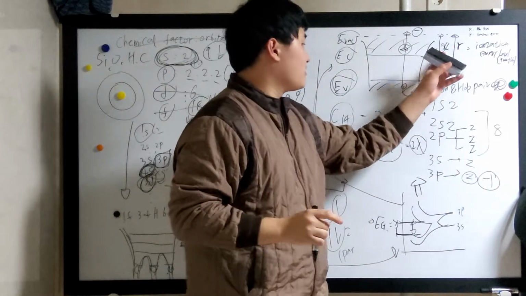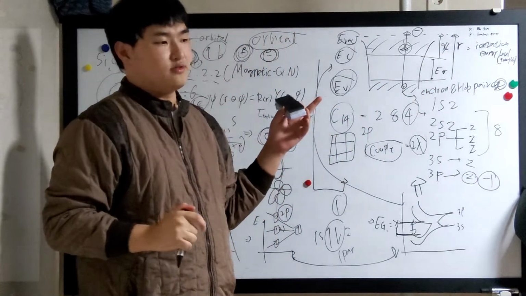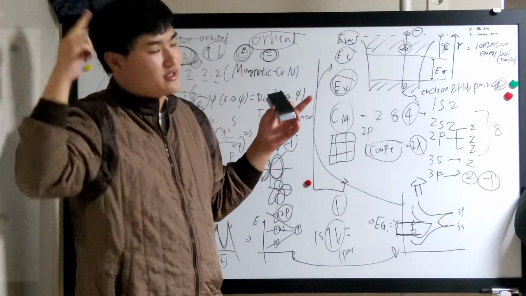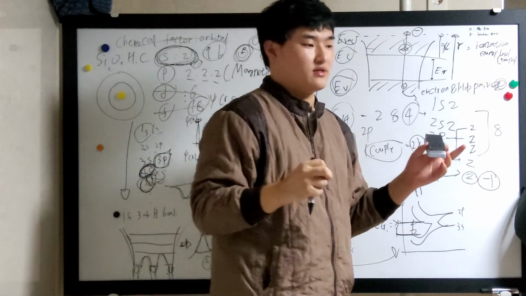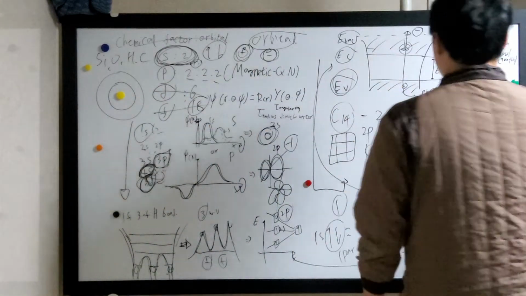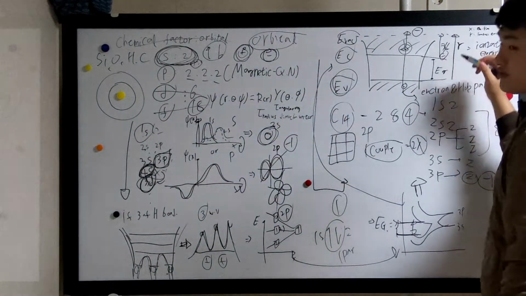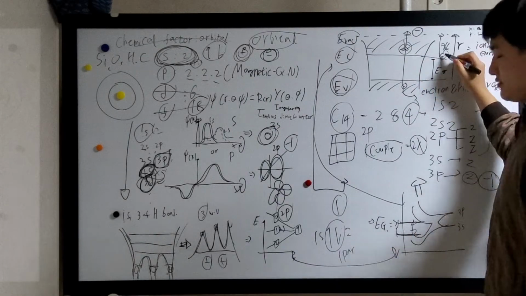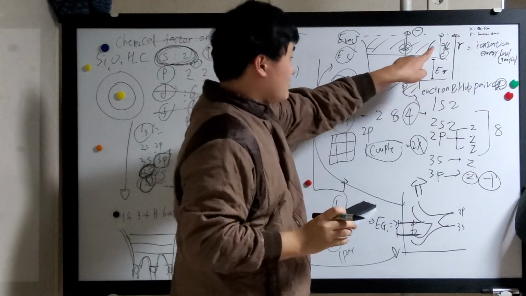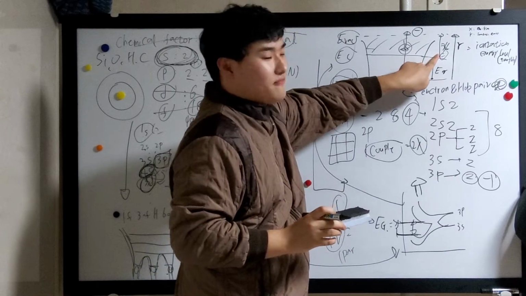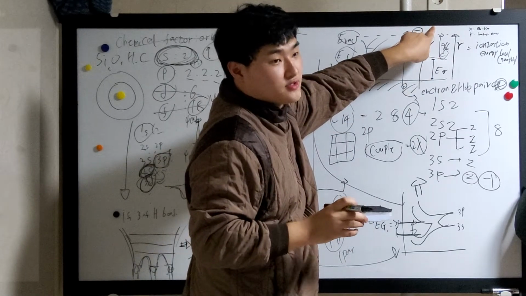So it means if there are electrons, like in a metal or some excited material like silicon or carbon, and the electron gets higher energy, they will be freed, like free electrons.